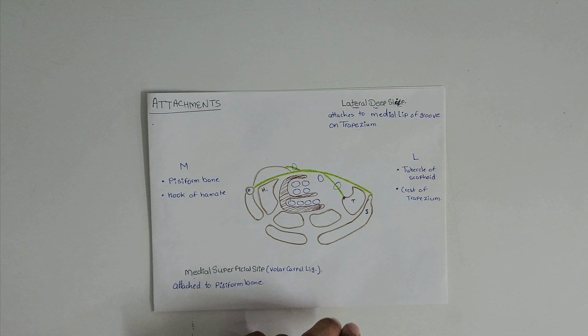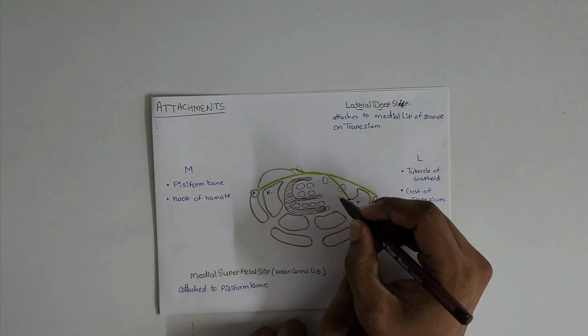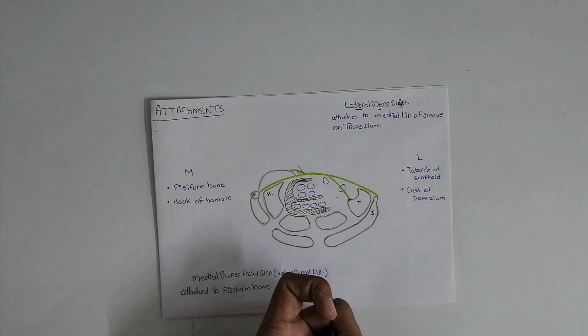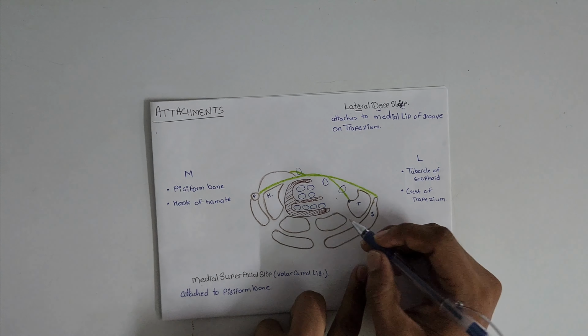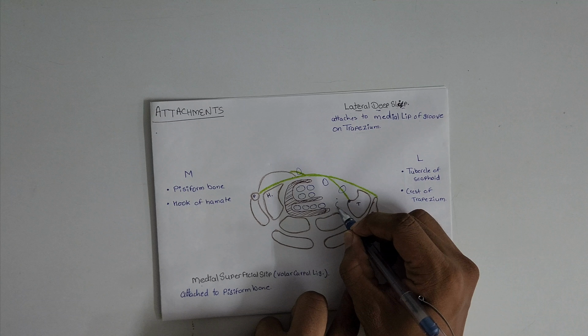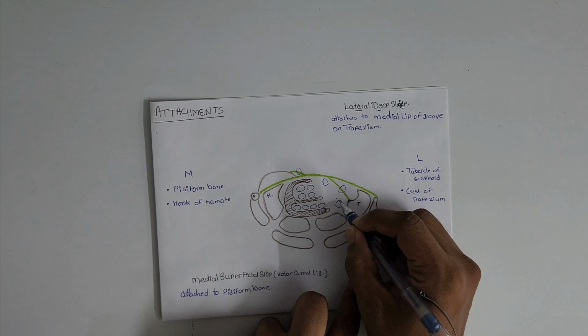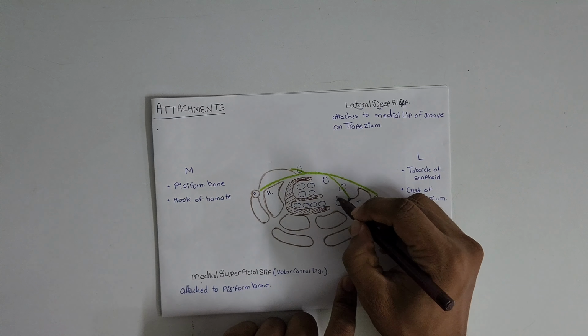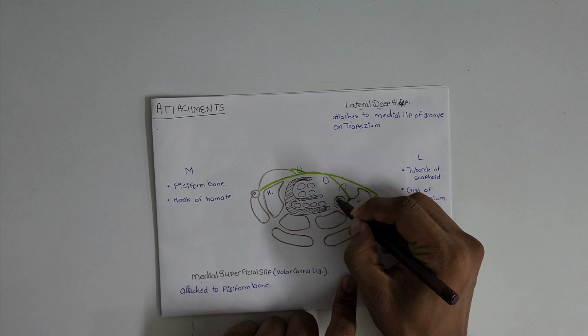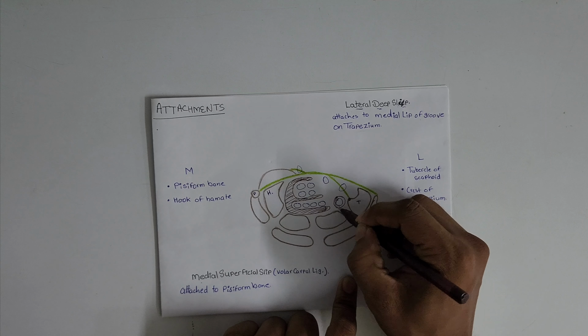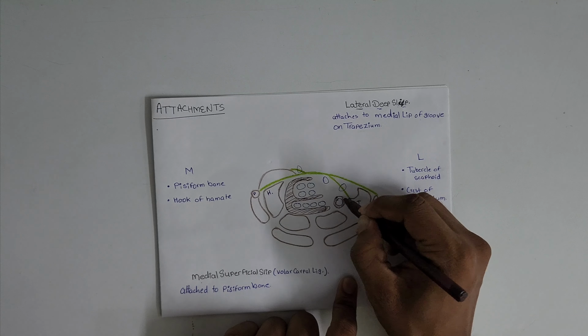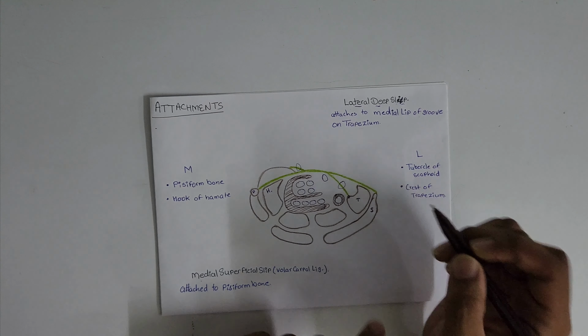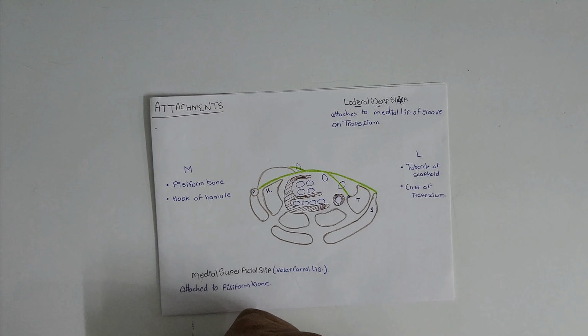And here I have one more tendon of flexor pollicis longus, and its bursa. So what is bursa? Bursa is a fluid filled sac around the tendon, over the tendon, which helps to counter the friction.